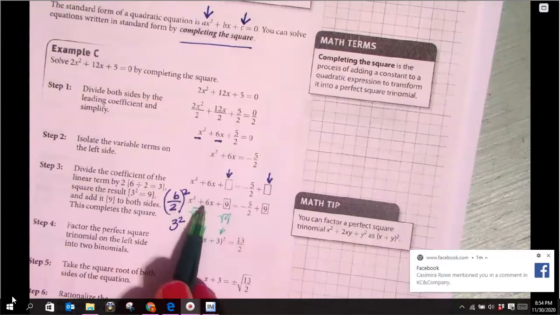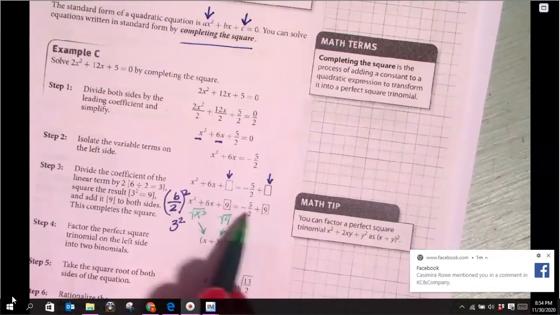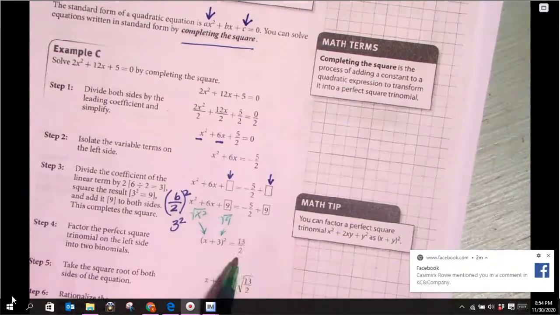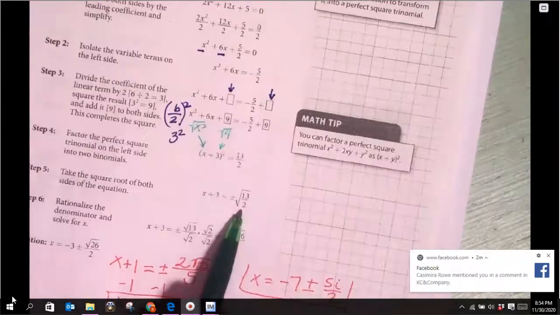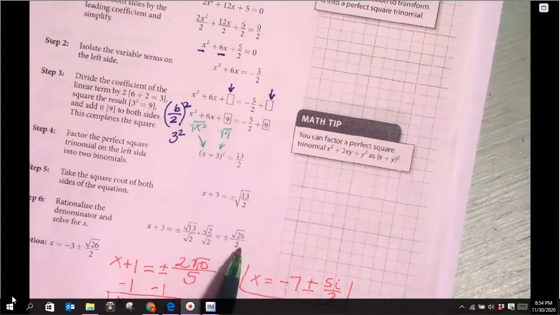Since b is positive, we have a plus sign there. If b is negative, then you have a minus sign there. Then on this side, you just add those up, and that gives you 13 halves. Then you solve just like we did before. Take the square root, put your plus or minus, then we have to rationalize that denominator. That gives us our answer.